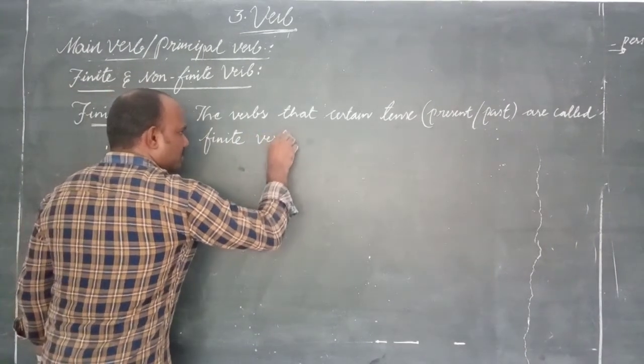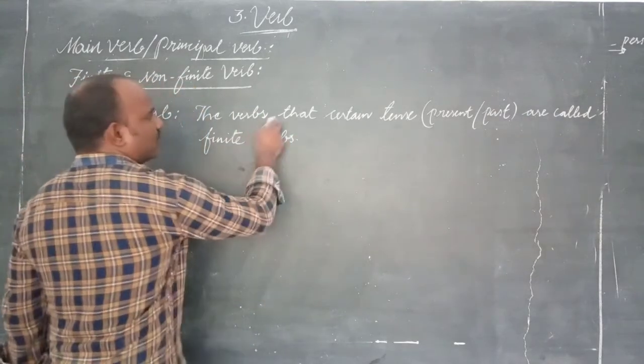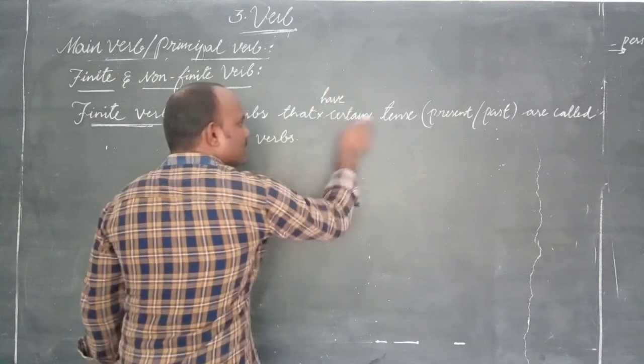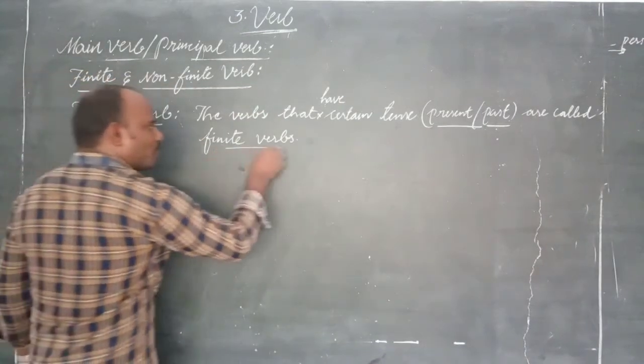The verbs that have a certain tense, that means present tense or past tense, are called finite verbs.